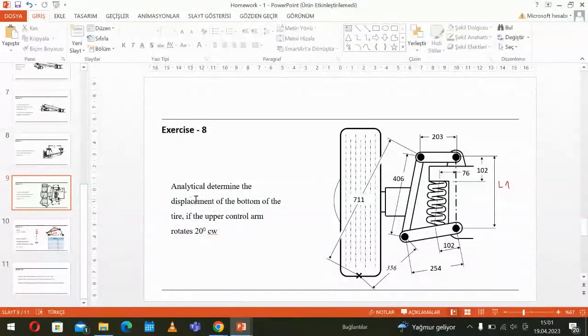Determine analytically the displacement of the bottom of the tire if the upper control arm rises. Hmm, 120.